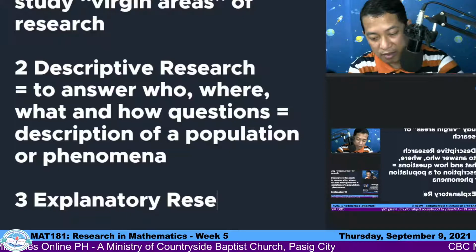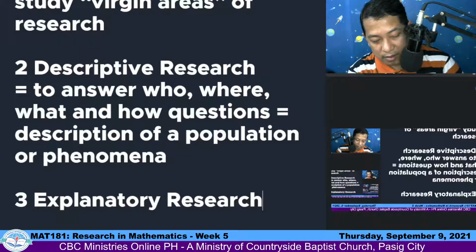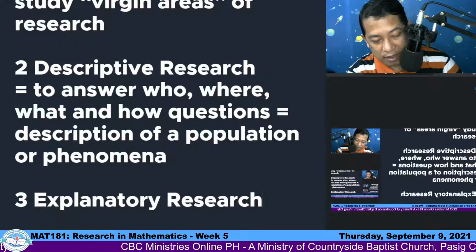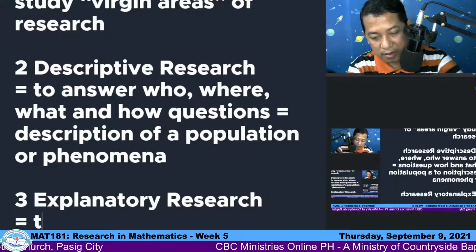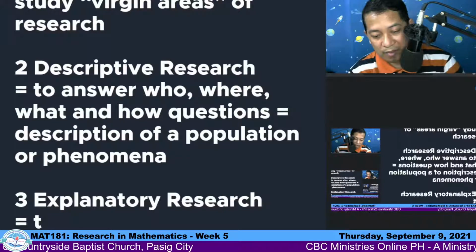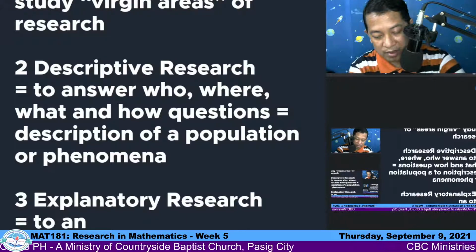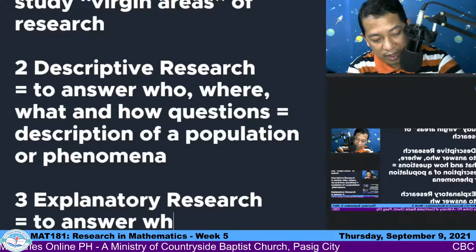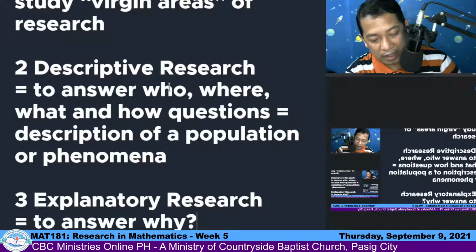Explanatory research. So from the word itself, it is the why, to answer why. Kanina yung description, itong mga bagay nito, who, where, what, how, but explanatory research is to answer why. To answer the why of that population or phenomena.